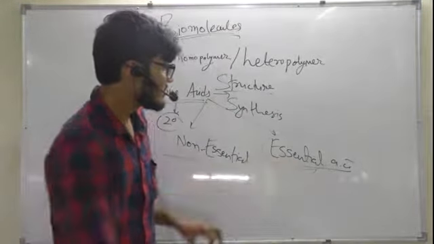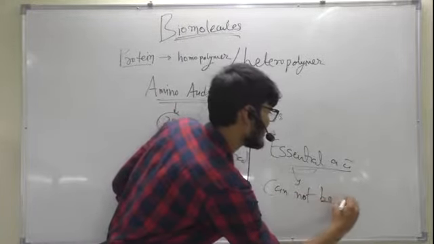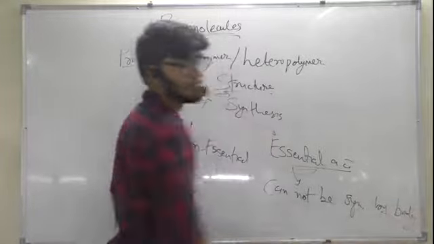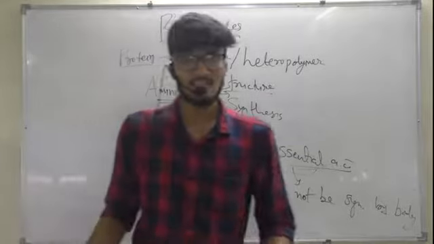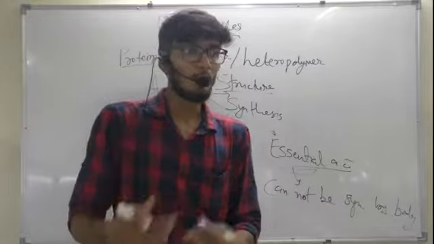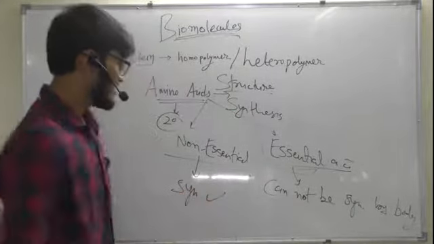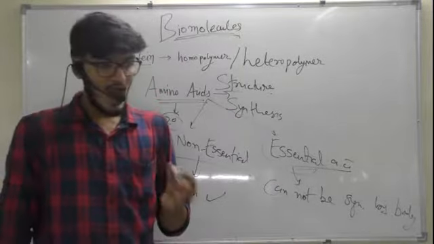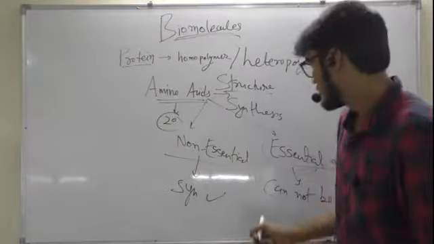So essential amino acids are those that cannot be synthesized by the body, and non-essential amino acids can readily be synthesized in the body, so they are not necessarily required to be obtained from diet. So these 2 kinds of amino acids are generally present in nature.